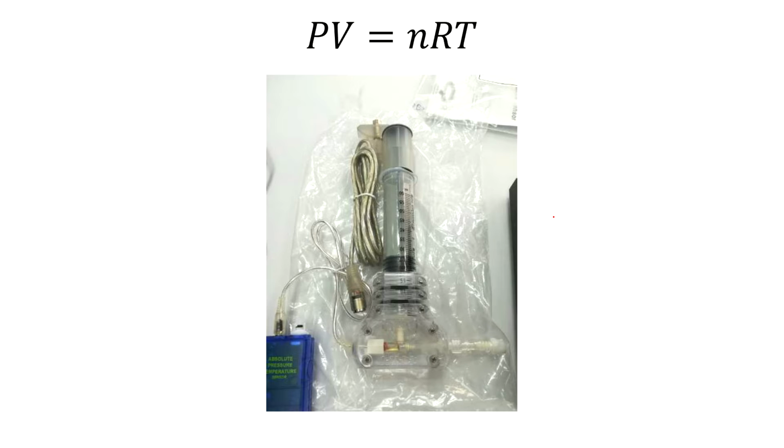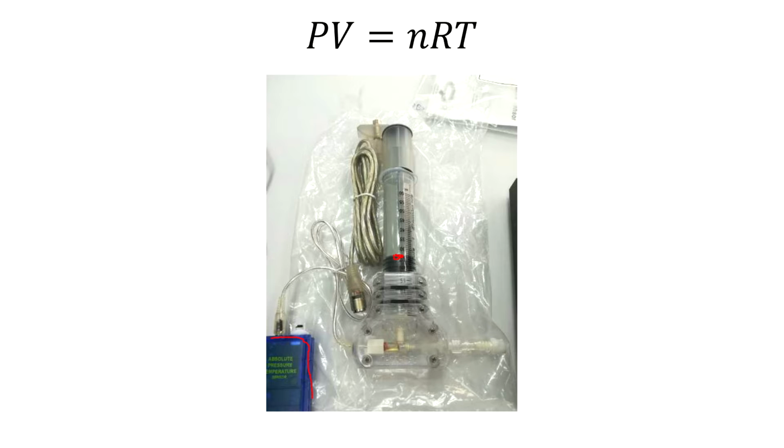This syringe has markings for the volume in cubic centimeters, but more importantly, it has a thermistor right here, which can tell us the temperature inside of the syringe, as well as a pressure sensor, which is connected to this apparatus right here, which can tell us the absolute pressure of the system. All of this is connected to the Pasco interface, so we can see in real time both the pressure and temperature of the system.